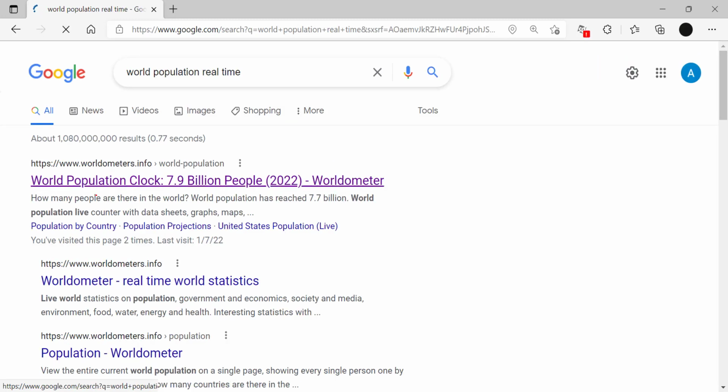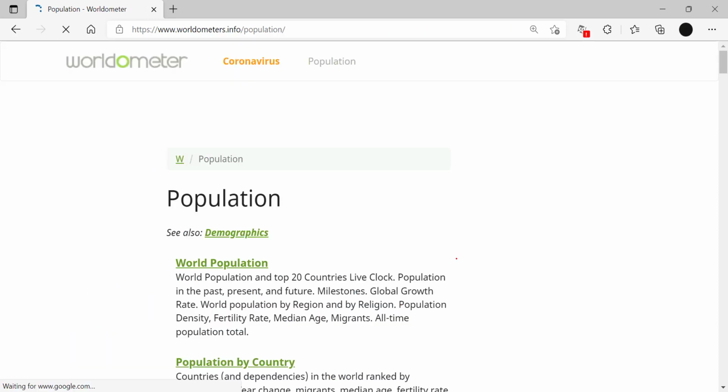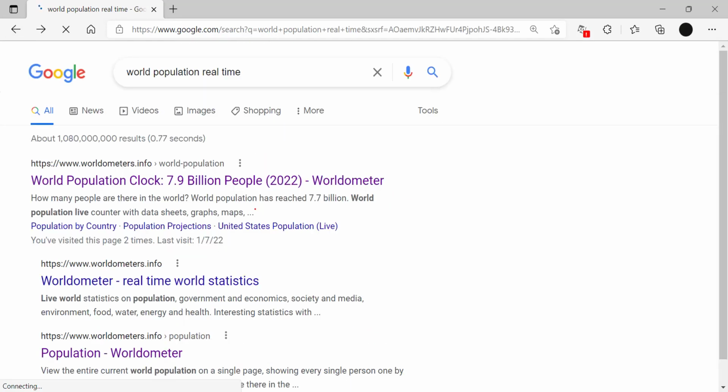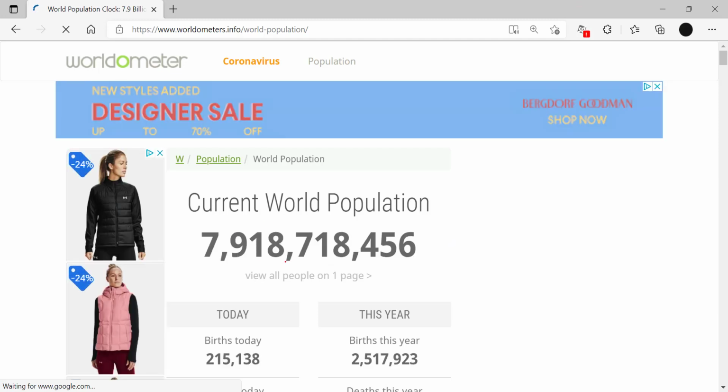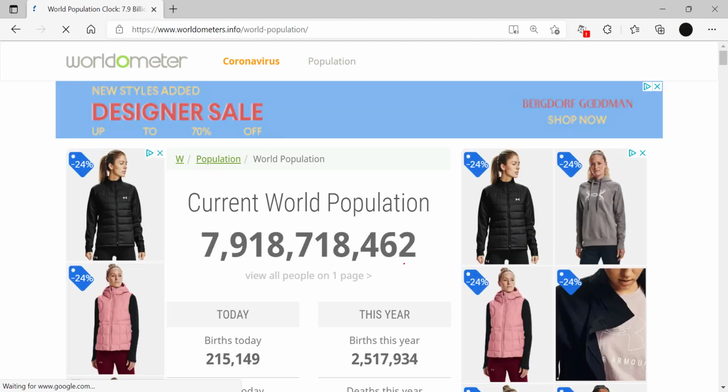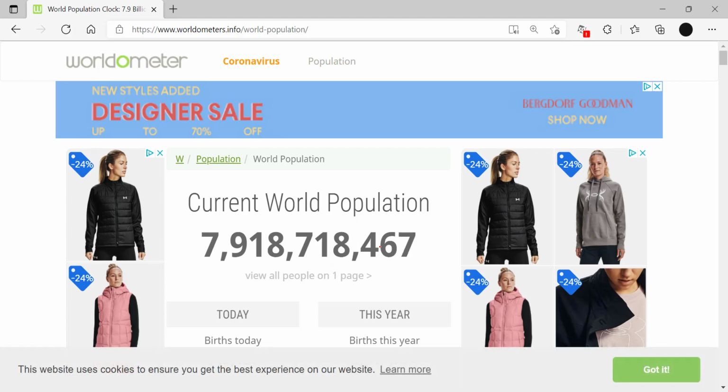You're gonna have this website pop up, and you can click on the first web link, and then you're gonna see the current world population retrieving now. If you pay attention to this population, as you can see, this current world population is increasing continuously every second, right? If you look at it, it just keeps going up.